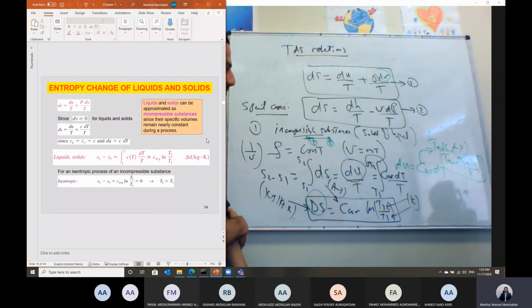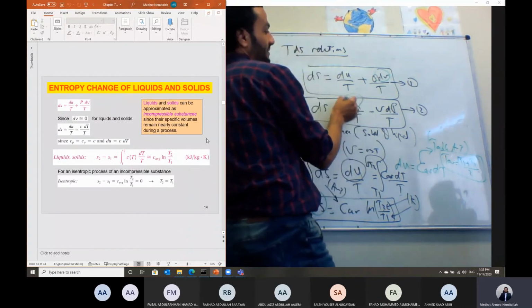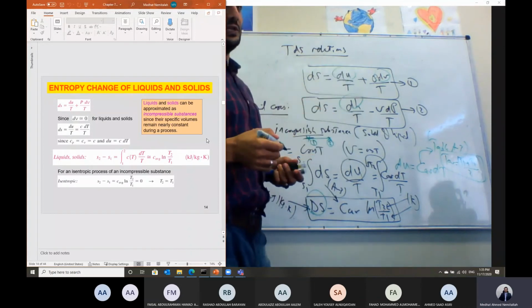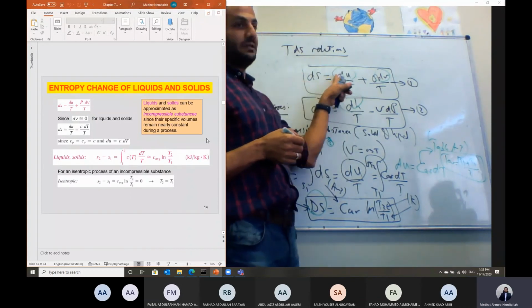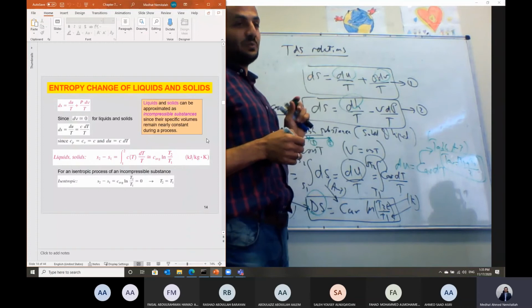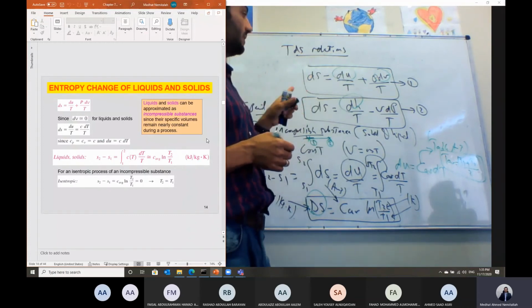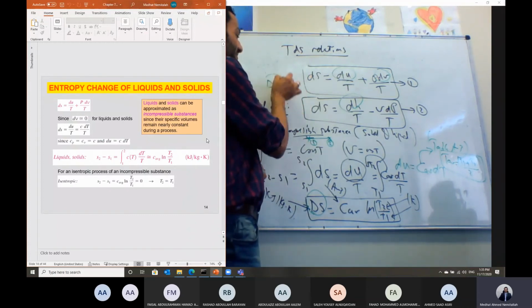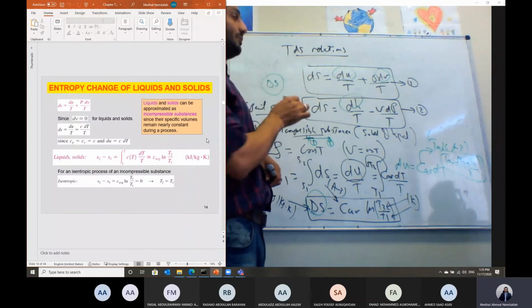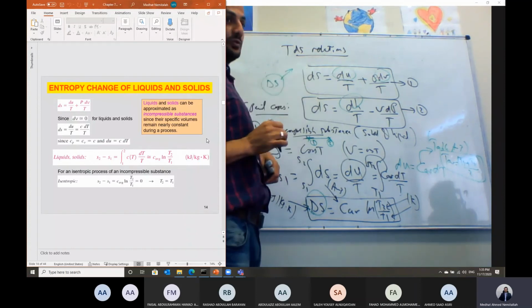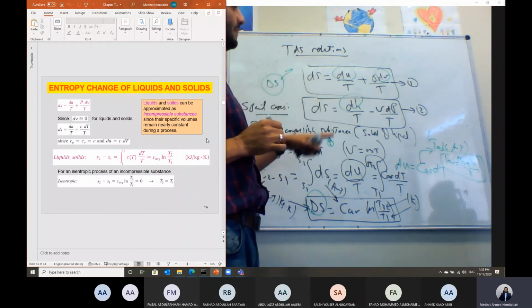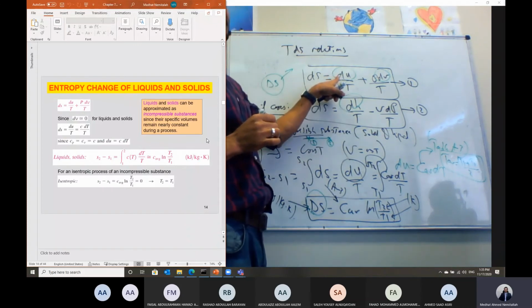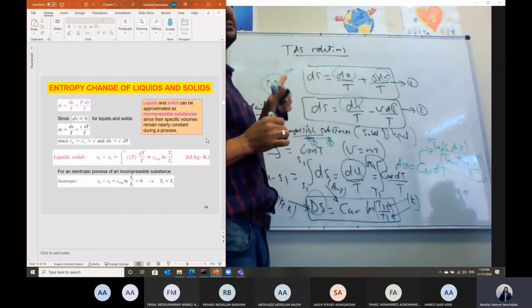But you know, in the case of gases, we have delta H and delta U, and we have two approaches: the constant specific heat analysis and the variable specific heat analysis. So next time I will show how to calculate delta S following the constant specific heat analysis. Delta U will equal Cv dT, delta H will equal Cp dT.